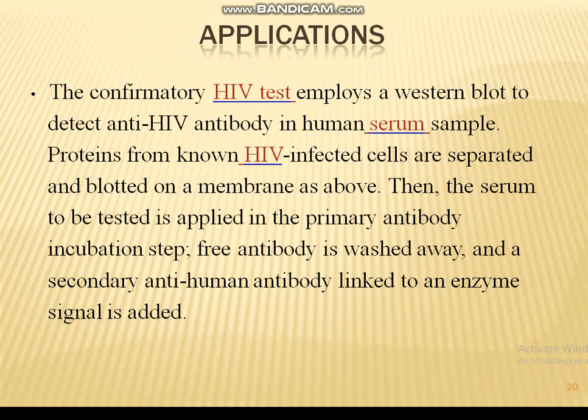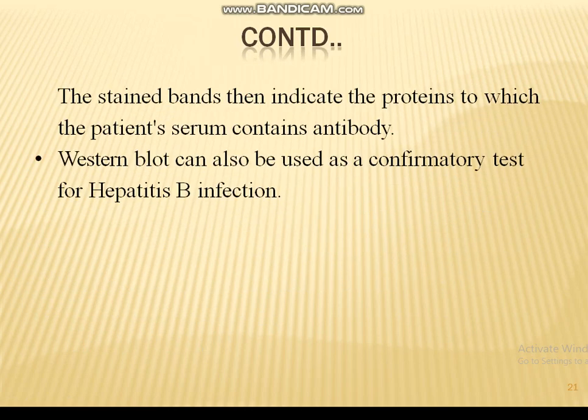Then the serum to be tested is applied as the primary antibody incubation step. Free antibody is washed away and a secondary anti-human antibody linked to an enzyme signal is added. The stained bands then indicate the protein to which the patient serum contains the antibody. Western blot can also be used as a confirmatory test for hepatitis B infection.